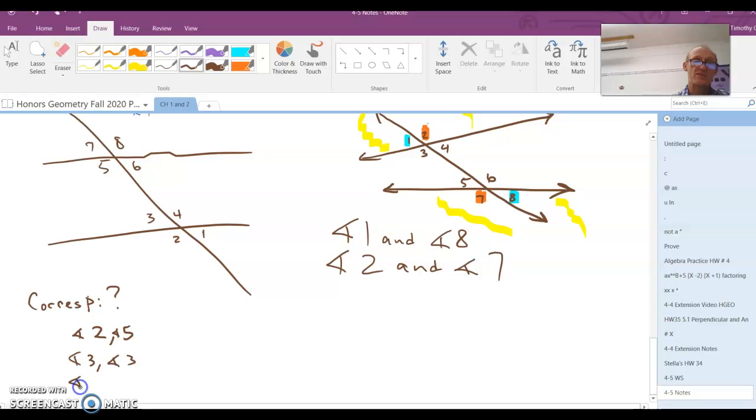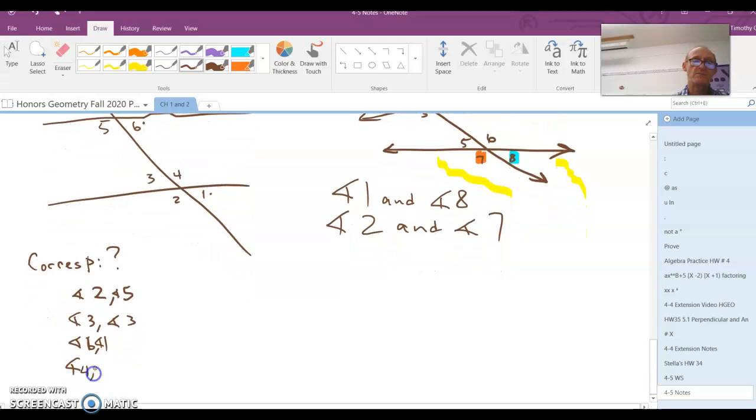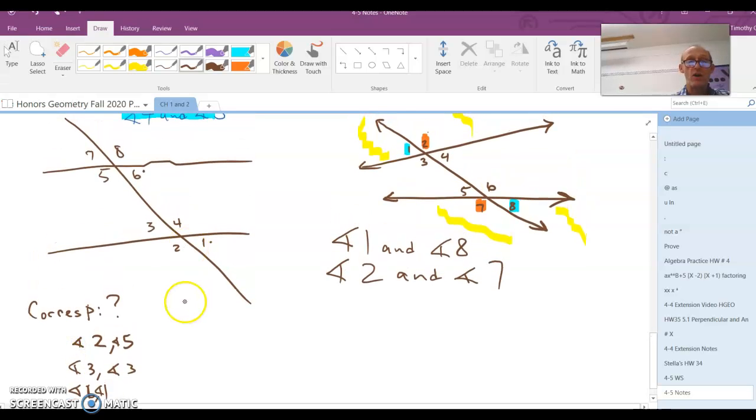Angle 6 and 1, and 4 and 8. Now, alternate interior would be 3 and 6. I'm running out of time here, and then there's one more, alternate exterior, 2 and 8, 1 and 7. So that explains 4-5.